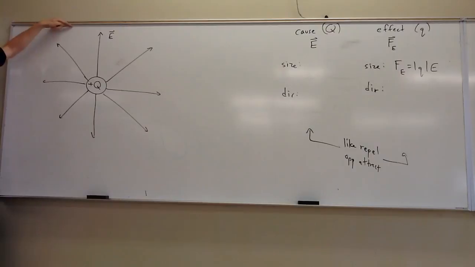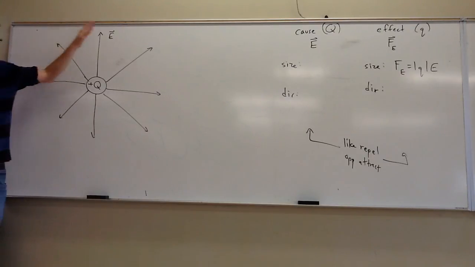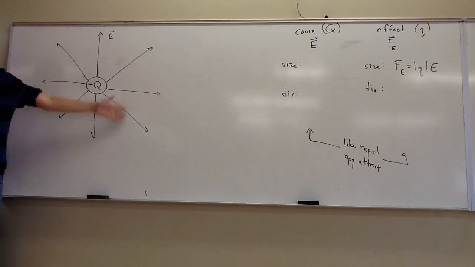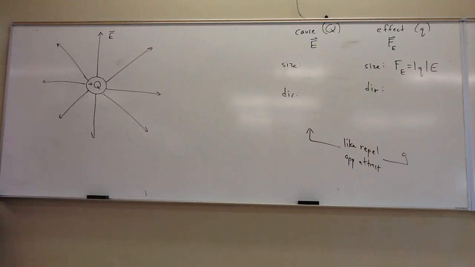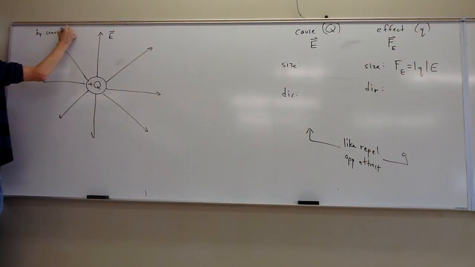So you can't sneak in between electric field lines, okay? There's electric field everywhere, and this is just a sampling of what it looks like. Does that make sense? Okay, so we go ahead and draw it like this, but again, this is by convention.